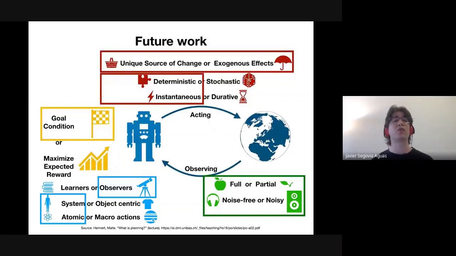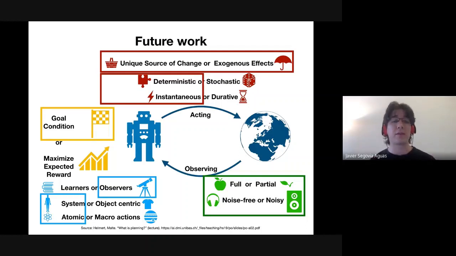So what is our future work here at IRI in this topic? We are working now as learners, but we want to move to observers. We want to observe agents that already know how this world works, like imitating a human interaction, who can show these goal-oriented examples, and learn from that.